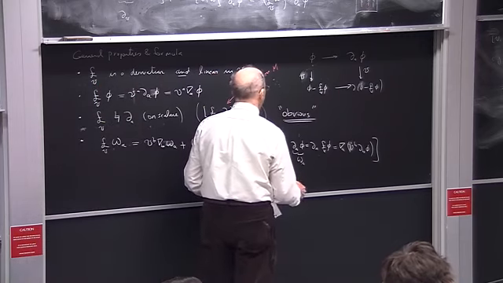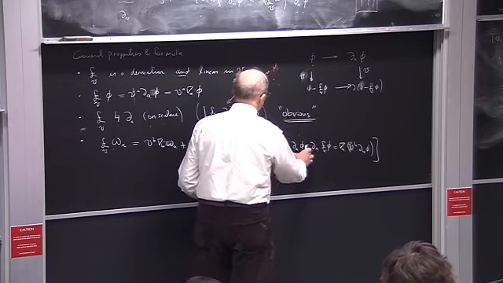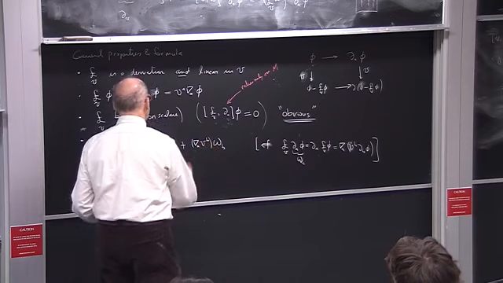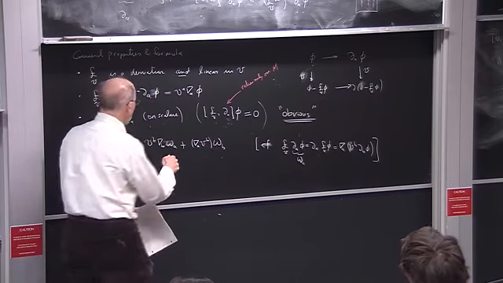This is only a very special covector field, which is a gradient of something, but once you have it for that, then it follows for everything else. So the important thing is that you have this formula.